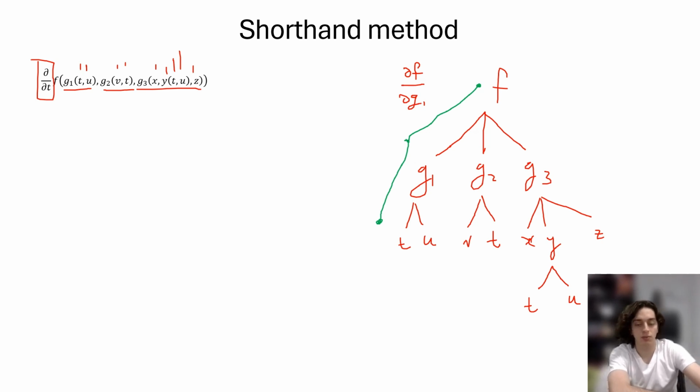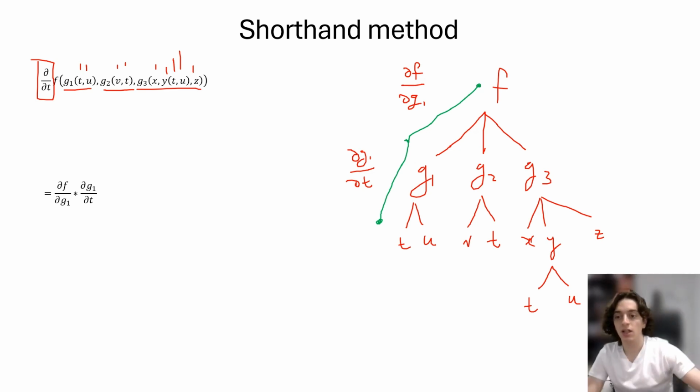The second term of the product is going to be ∂g1/∂t, because t follows g1. And then you could be very strict and say, oh, you could do ∂t/∂t. However, that's just one, and you can do this indefinitely. So really, we just stop there. We stop at f to g1 and g1 to t. And this is going to be the first product of the chain rule. And that's put right there.